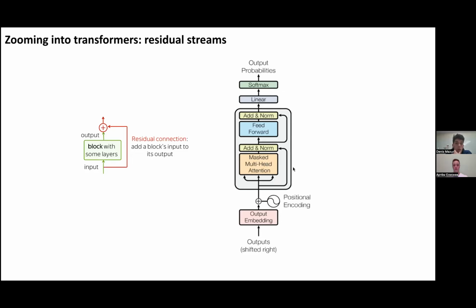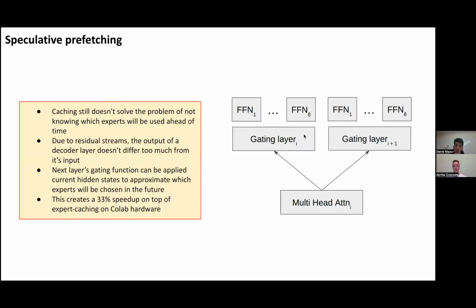And because of those residual streams, the input of a decoder block doesn't change too much during computation, and they are quite similar. So what you can do is take the activations from the ith layer, feed them to the ith gating layer, and you will definitely use those experts.